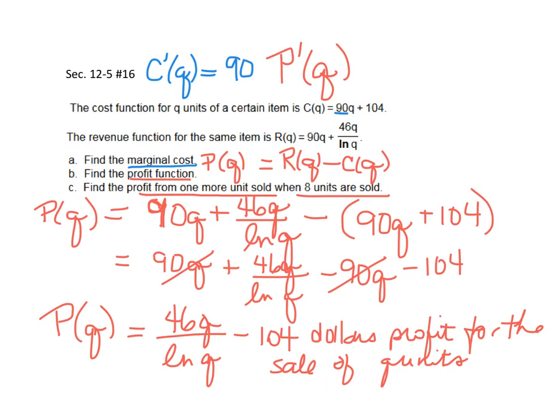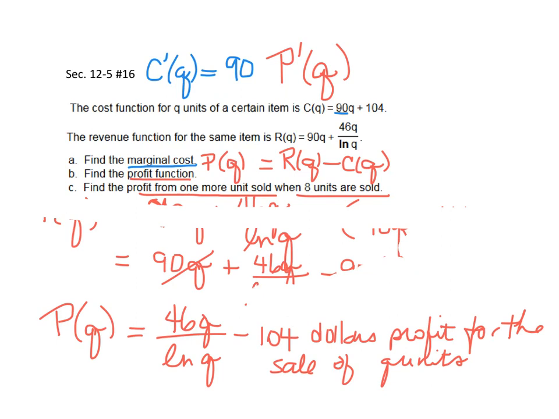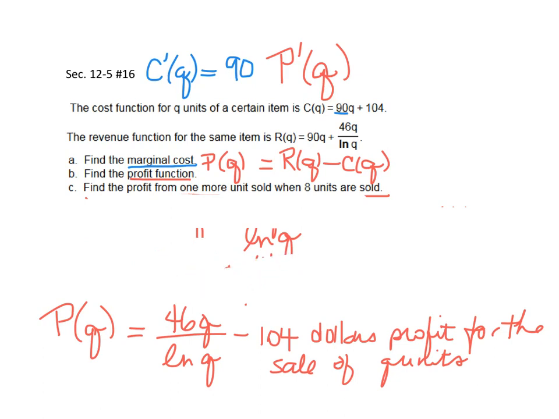So we're going to start out by finding P prime of Q, and I need a little more space. So I'm going to eliminate the work here that we used to find P of Q so we can find its derivative. So the derivative, P prime of Q, well, let's see. ln Q and 46Q are forming a quotient, so it looks like we'll have to use quotient rule.